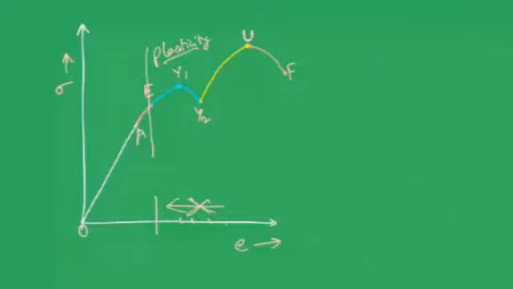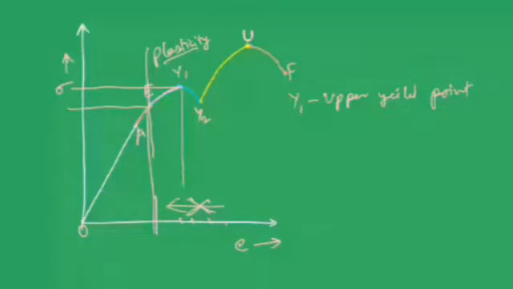Whatever deformation happens after this, the body will not regain its shape on the removal of the load. Now from E, it reaches the point Y1, which is the upper yield point. Here in this curve there is a greater strain, the deformation is more, whereas the stress is less, which means the body is easily deforming with very little resistance till it reaches the point Y1. This is called the yield point, because after the point E the body has started to yield, that is, it will not regain its shape.